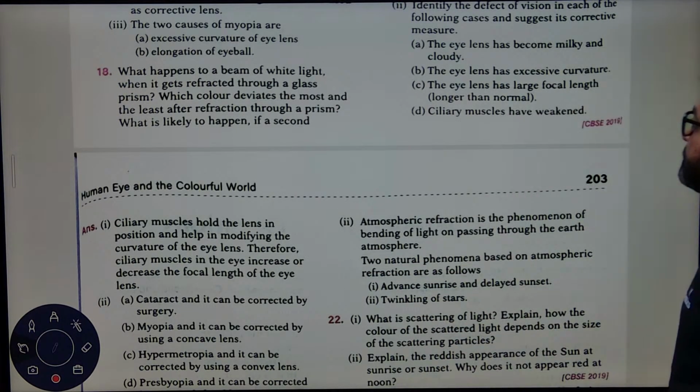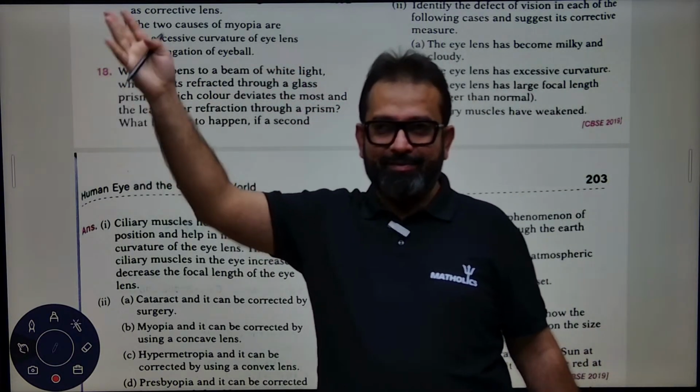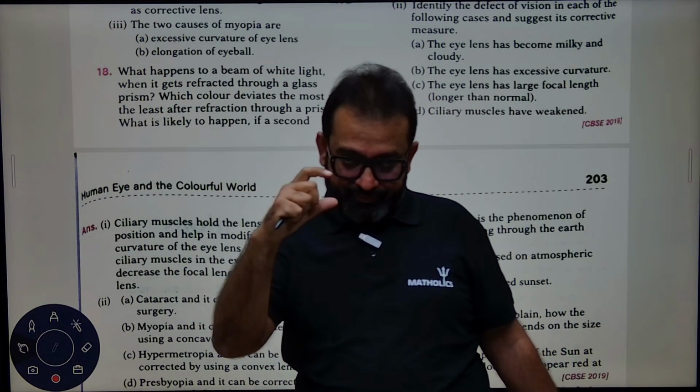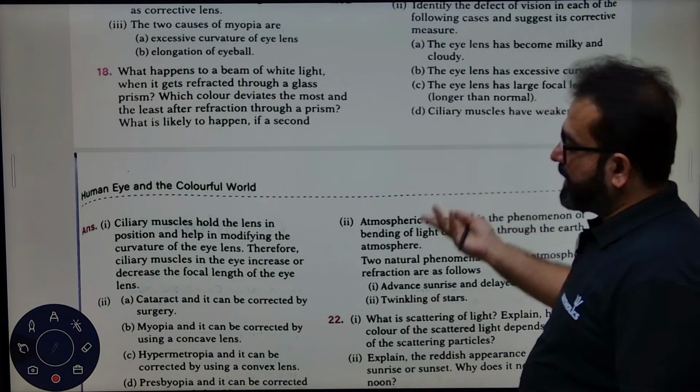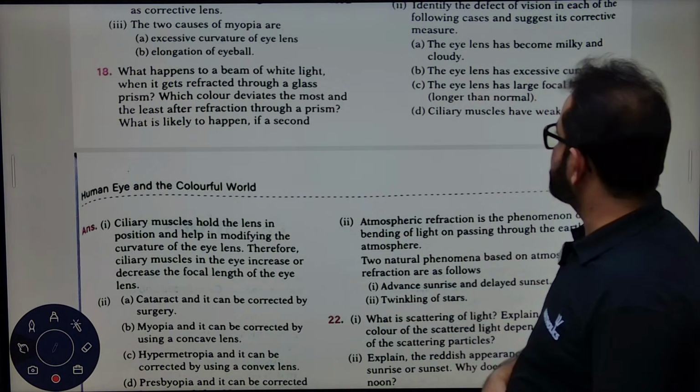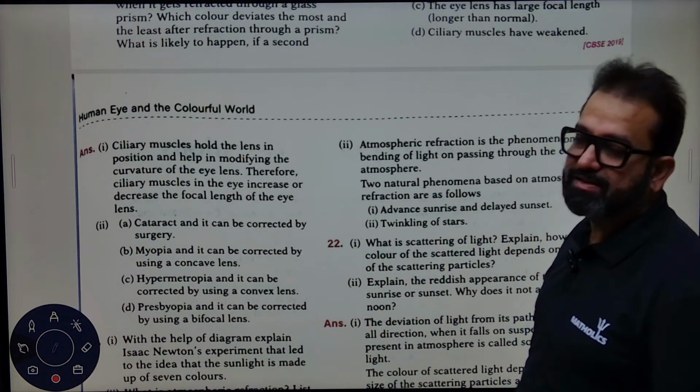Third one is the eye lens has large focal length. Large focal length means hypermetropia, or smaller eyeball size, and it is corrected by a convex lens. Ciliary muscles have weakened.